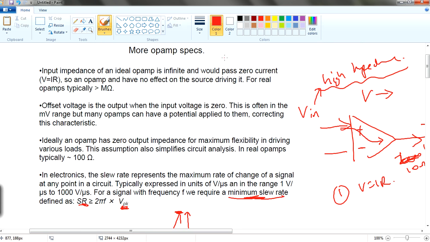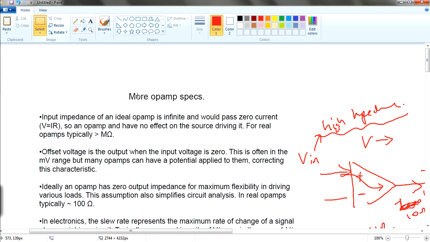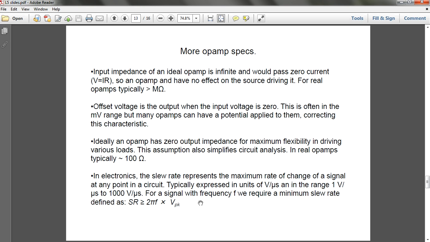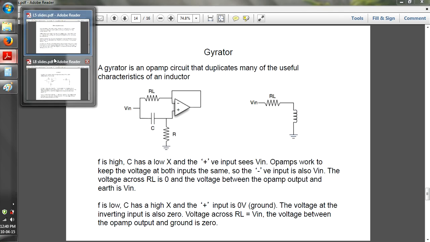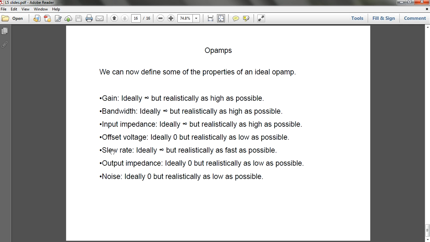And nonetheless, I may be wrong, but this is the op-amp specs of the thing. Please take note that this minimum slew rate is only if you have a frequency. For a signal with a frequency, you are required to have a minimum slew rate. If you take a look at the ideal op-amp, slew rate is ideally infinity.